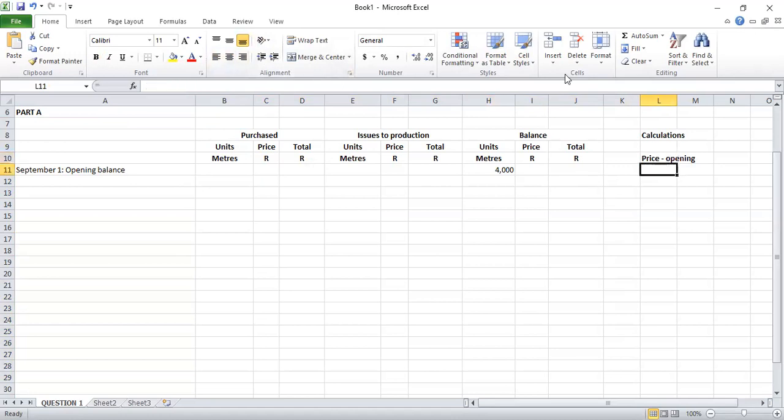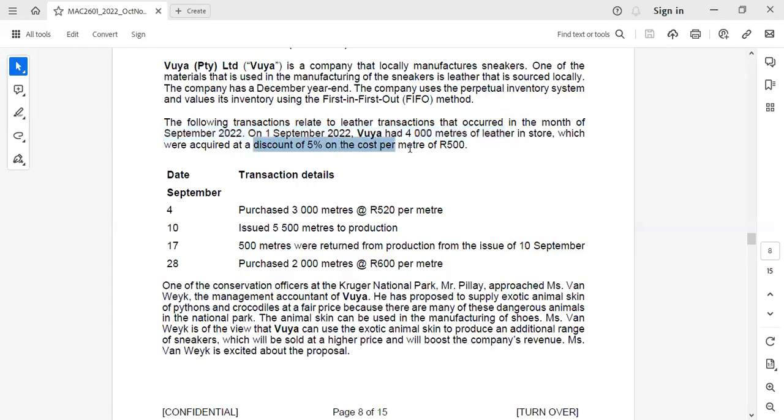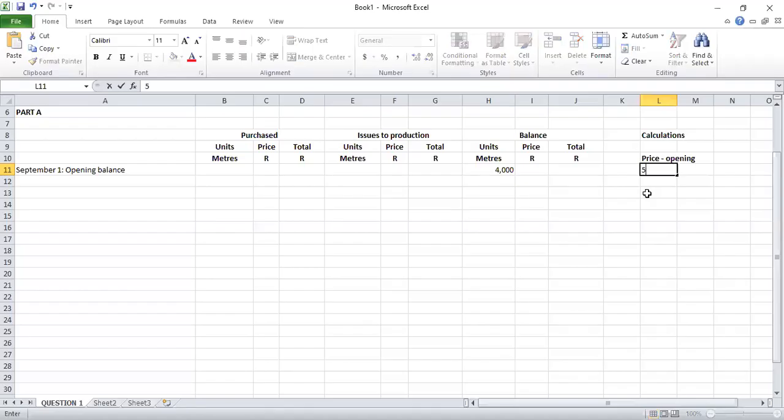Right, the opening, we are told that there was a discount of 5% on the price of 500. So we can say it was 500 times 95%. What do you get? 475.